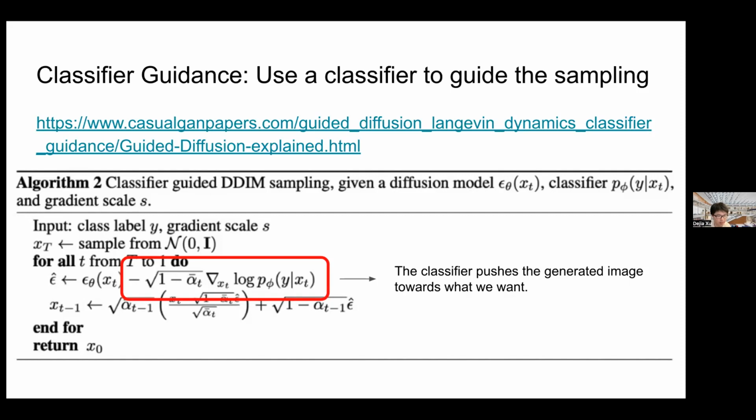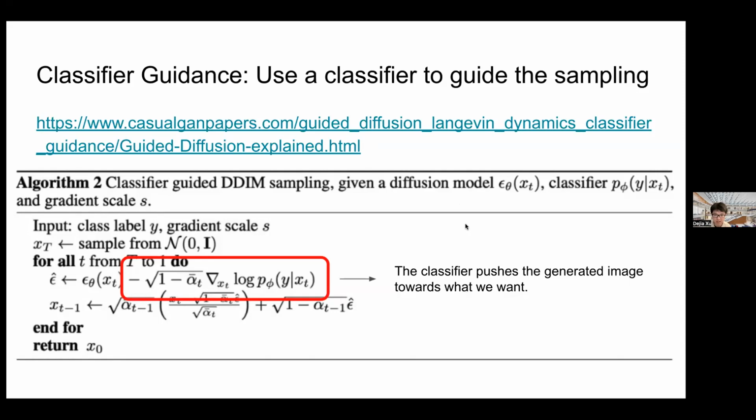The classifier is asked to provide a gradient to make the image satisfy the classifier, and this gradient is added to the estimated noise. So the classifier basically provides a way to modify the estimated noise, so that the image will gradually become closer in appearance to what we want.